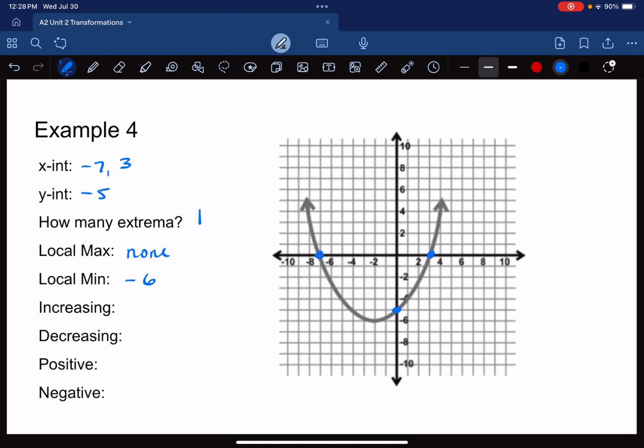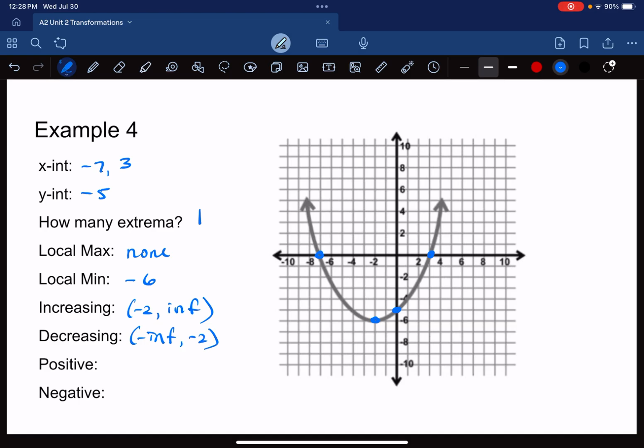The local min's -6. It's increasing from that point, the local min, which is at -2, to infinity. And then it's decreasing on the other side from -infinity down to -2.